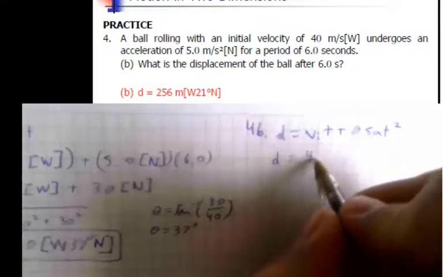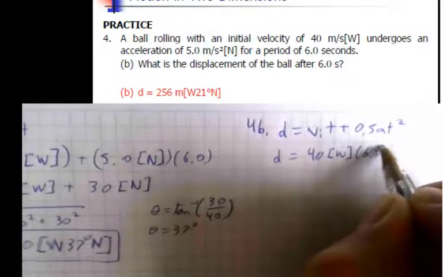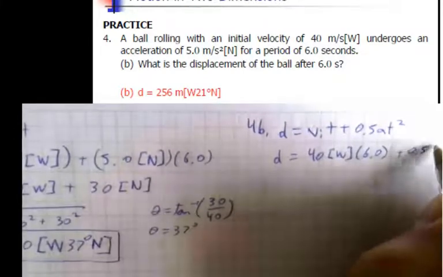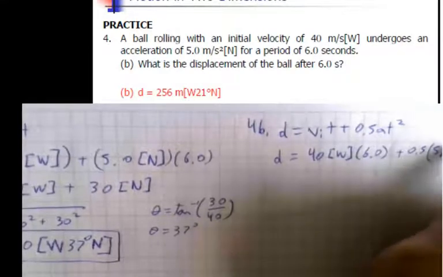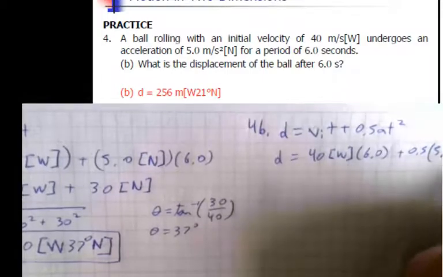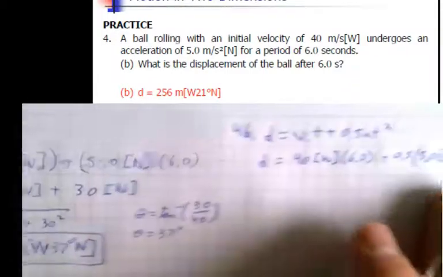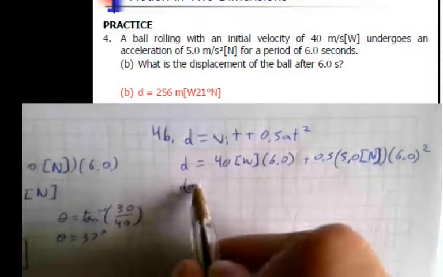VI is 40 west. T is 6.0. 0.5. My A is 5.0 north. My T is 6.0 squared.